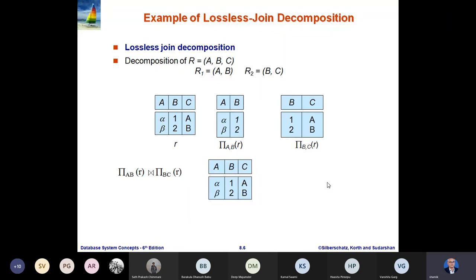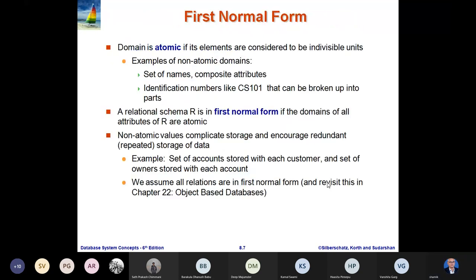And then this pi AB R natural join pi BC R, that would result, of course, in this case, in giving back the original set of tuples. So this is an example of lossless join decomposition.